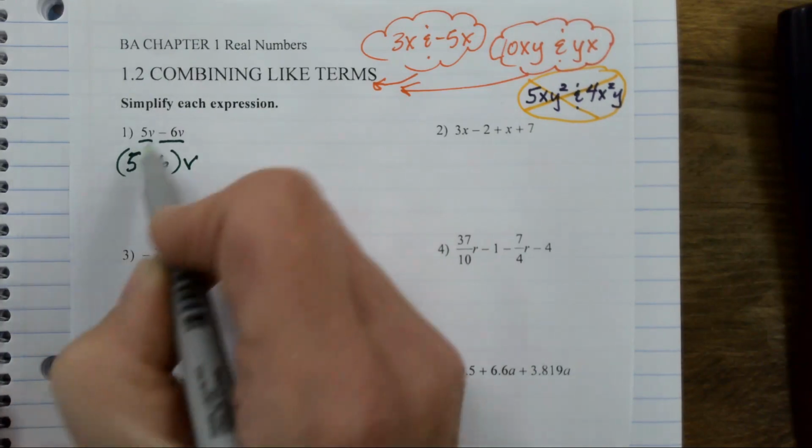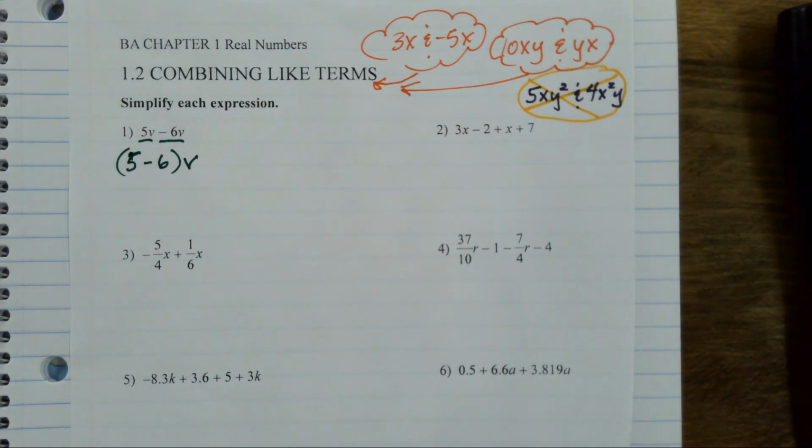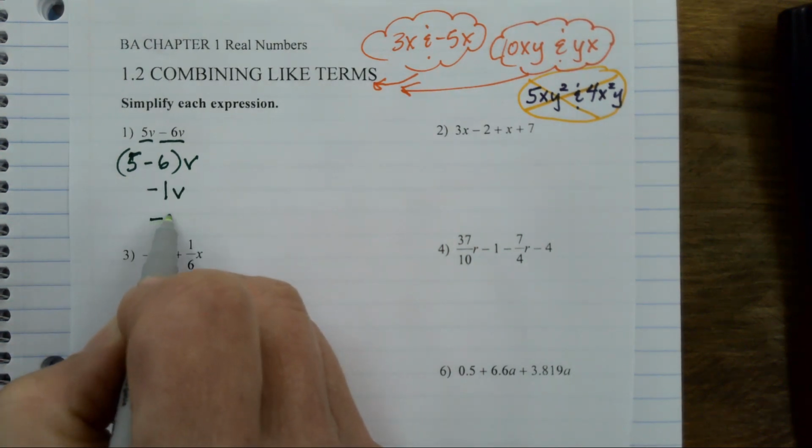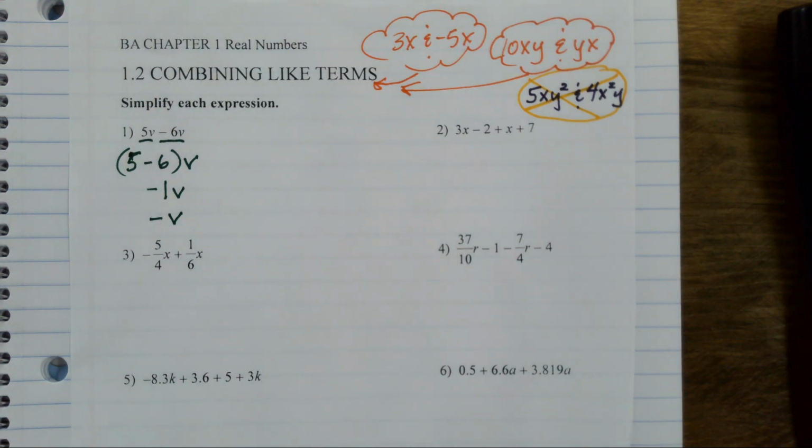I just take those numbers. Those are the coefficients. I just take that number in front. What is 5 minus 6? Negative 1. Yep. So this would be negative 1v. Or we usually just say, if it's 1, we drop it, and we just would write that as negative v. 1 is the only number that we drop like that.